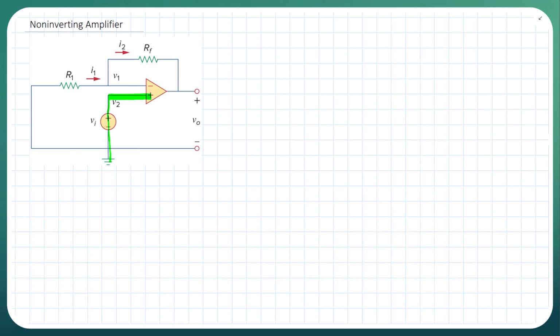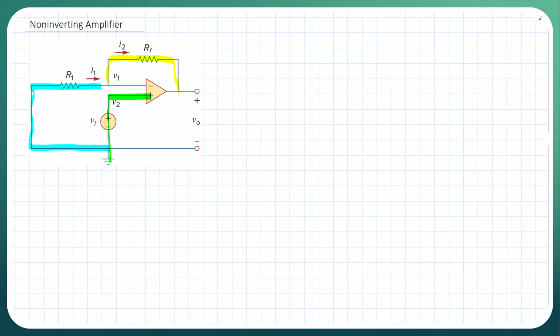We still have our feedback resistance up here, and we still have our input resistance here, if you will, or R1. So essentially what's happening is this is grounded here, so the ground and the input voltages are in reverse.